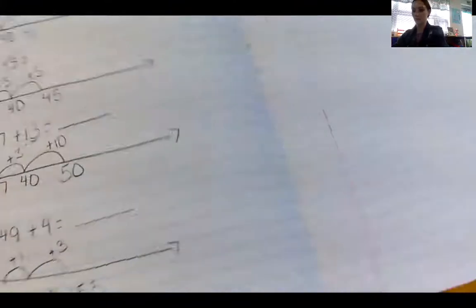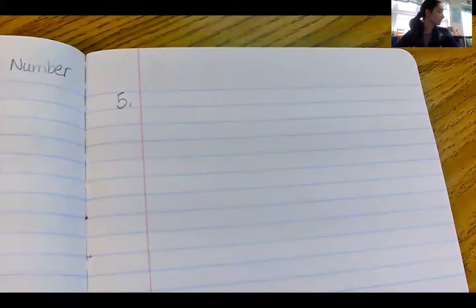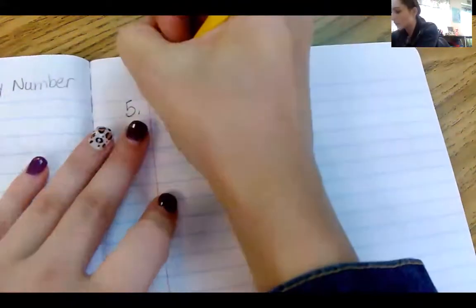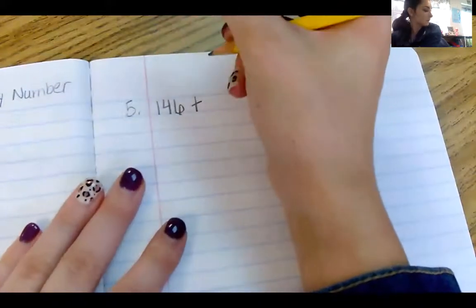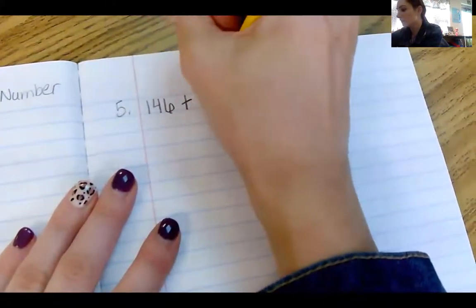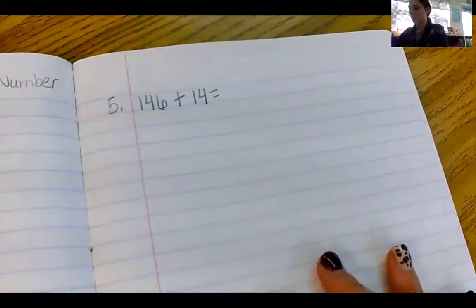I'm going to my next page because I ran out of room. Number 5 is 146 plus 14. Okay, so go ahead and make your number line.